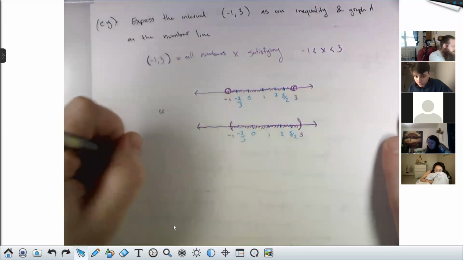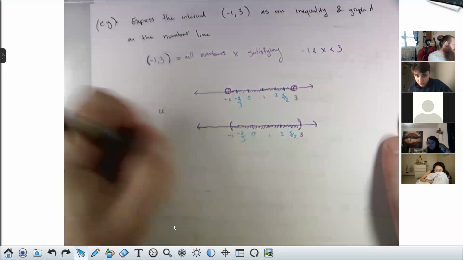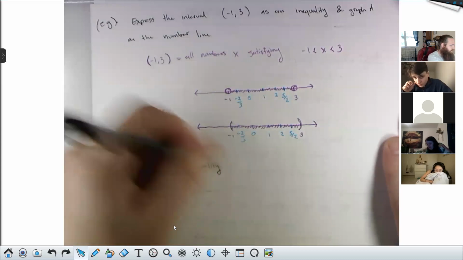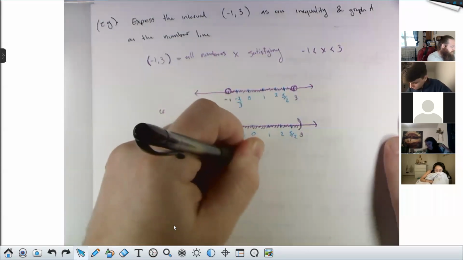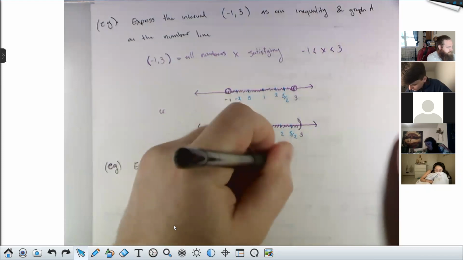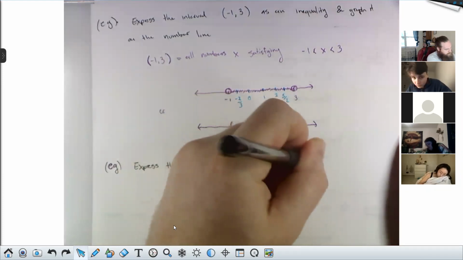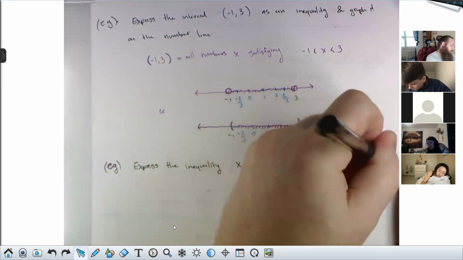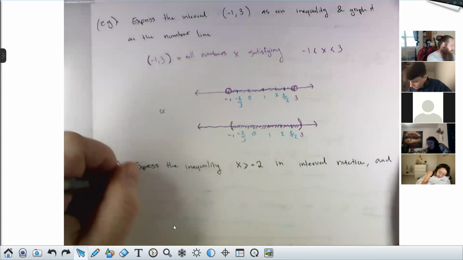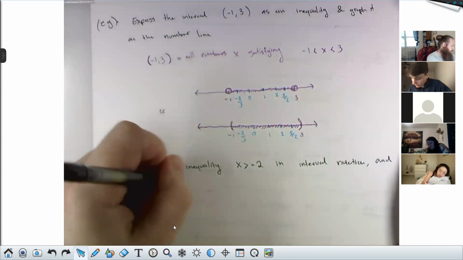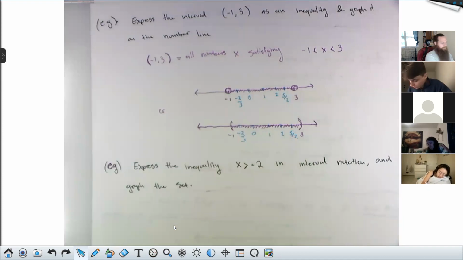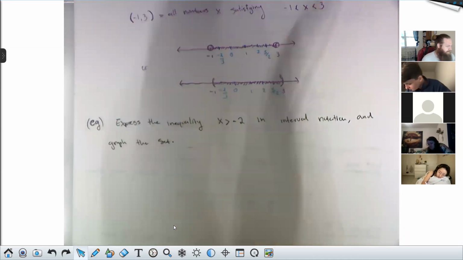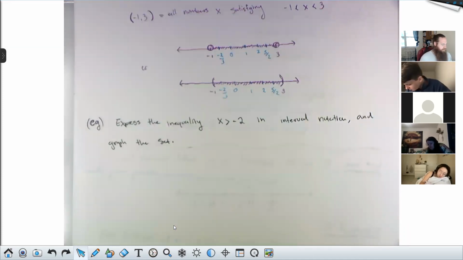I might say express the inequality x is bigger than -2 in interval notation, and graph the set. So here I think it may be helpful to graph the set first, and then we'll discuss the interval notation.